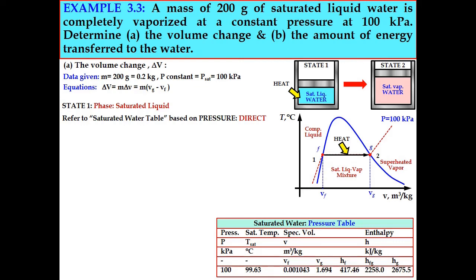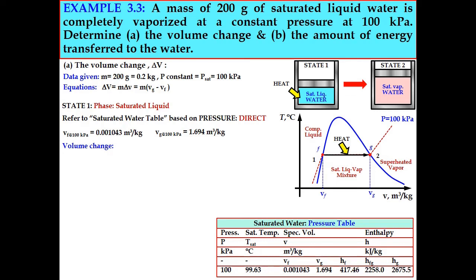At 100 kilopascal, the value of Vf equals 0.001043 meter cubic per kg, and Vg at 100 kilopascal equals 1.694 meter cubic per kg.